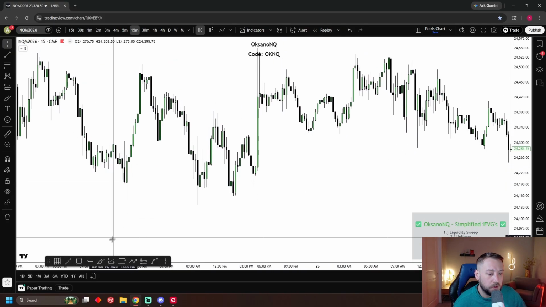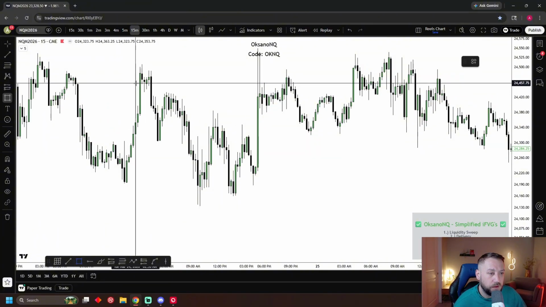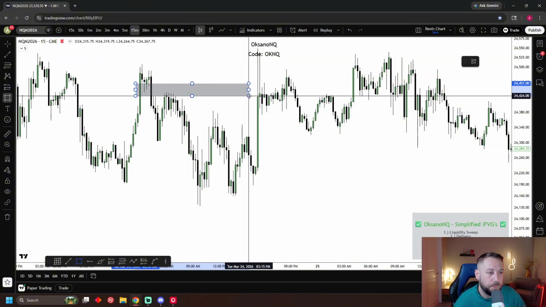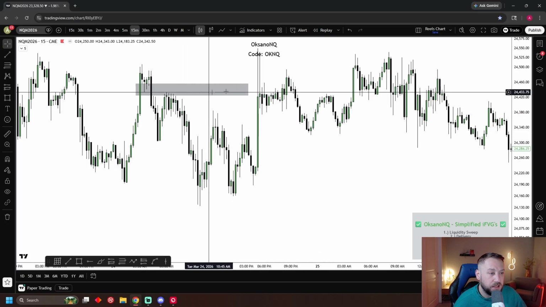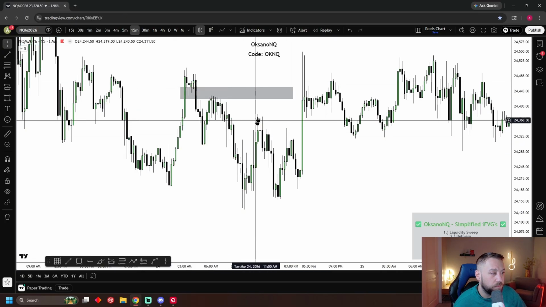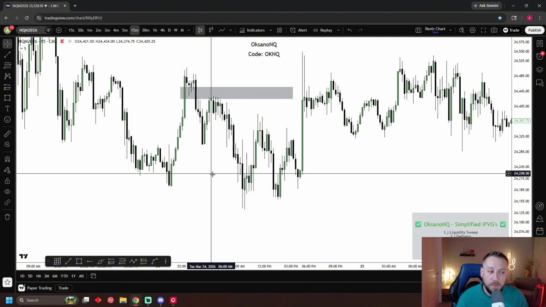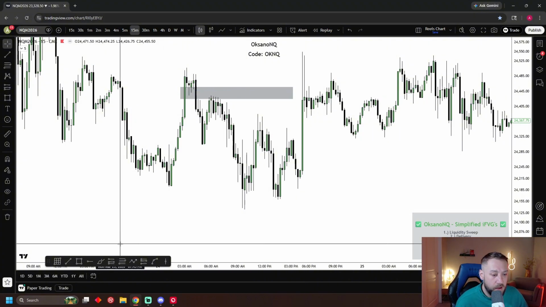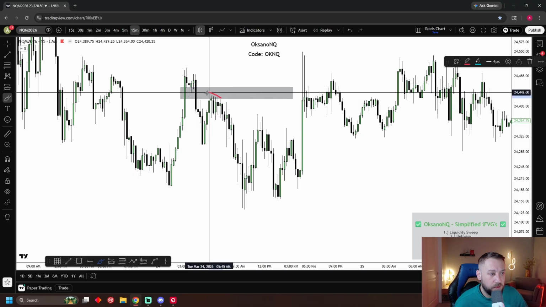Okay, here's a good one. See this 15-minute BPR here, right? When I see this, let's say our bias is bearish, right? But we have all this liquidity up here. Well, yeah, this can be used as a target if you want to be bullish, right?